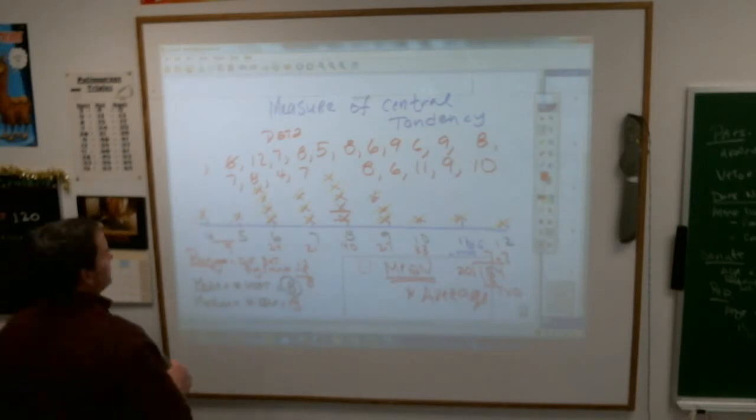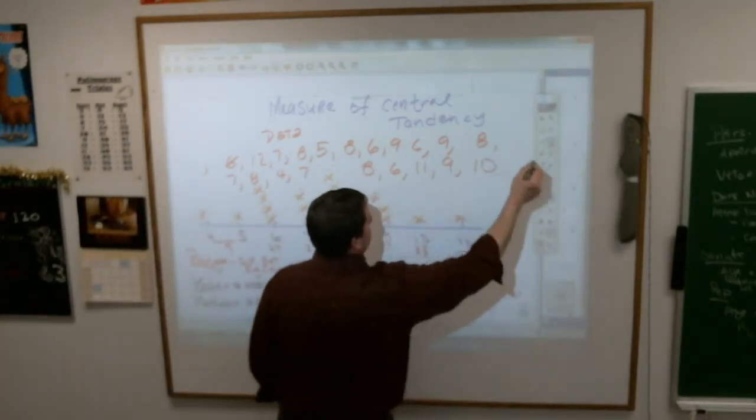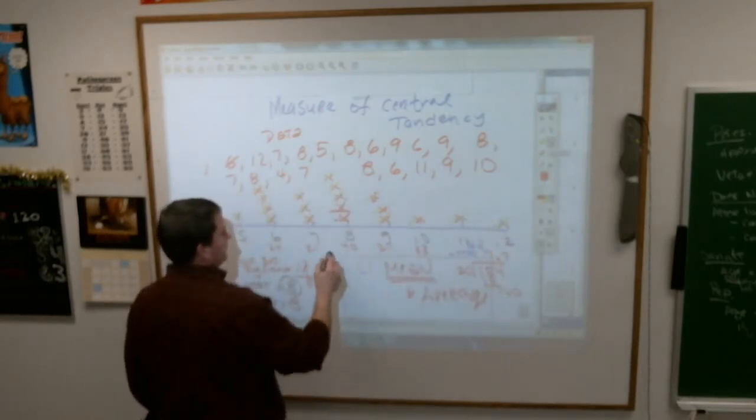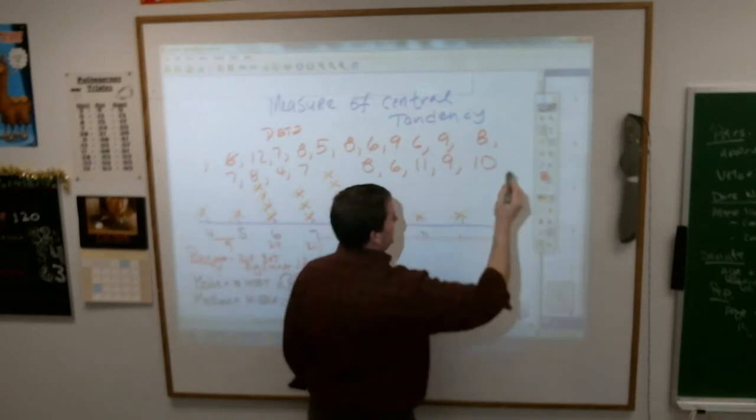I suppose, let's talk about histograms just quickly here. I'll do it real fast. Under histograms, we'll just use what we got here.